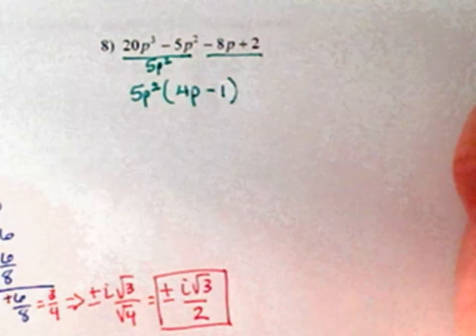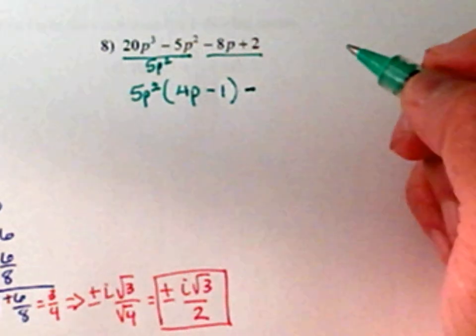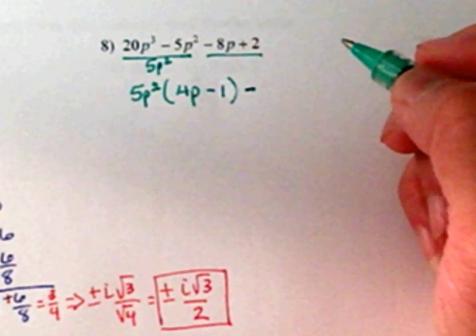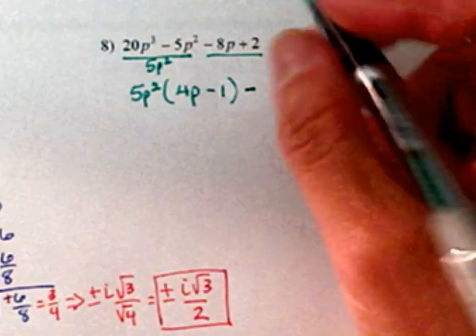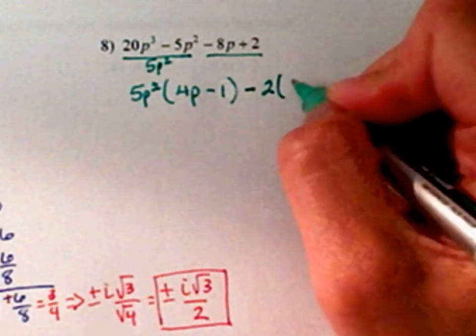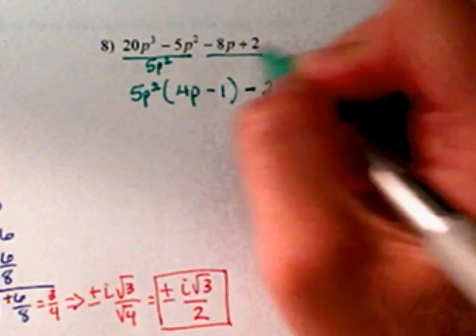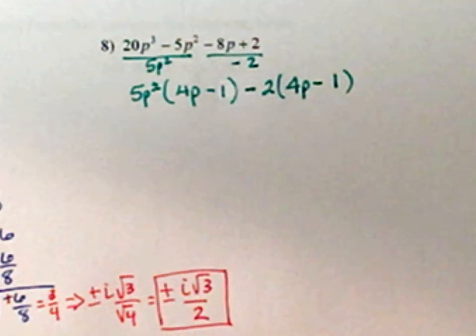Sorry. All right. Continuing on. What do these two have in common? A 2. So I'm going to factor out a 2. So I have p, 4p minus 1. Remember, you're dividing by negative 2. See how they have those in common? They look alike. I'm going to group them together.